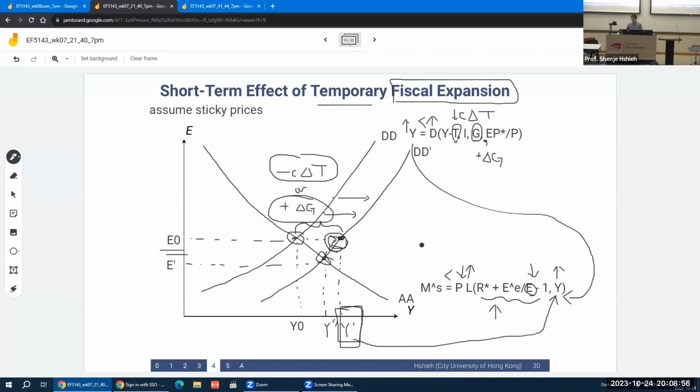Okay. So with stronger currency, that again feeds back here, right? With stronger currency, that's going to decrease Q, and that's going to decrease D, right? And that's going to decrease Y. And that's going to feed back here.